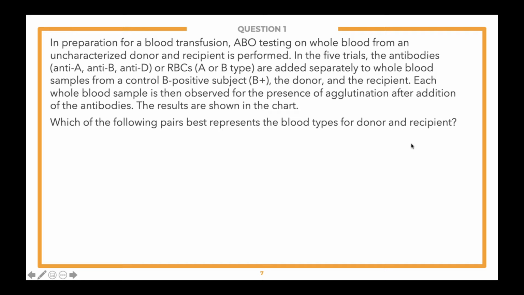Each whole blood sample is then observed for the presence of agglutination after addition of the antibodies. The results are shown in the chart. Which of the following pairs best represents the blood types for donor and recipient?